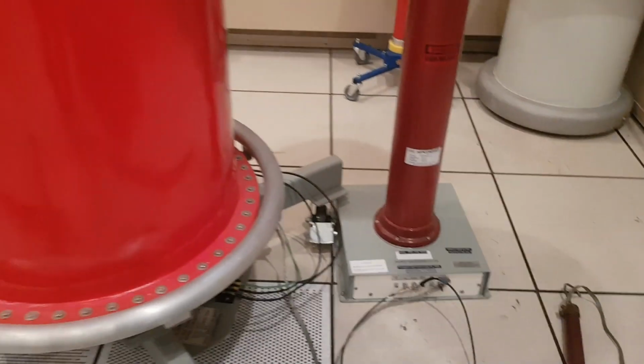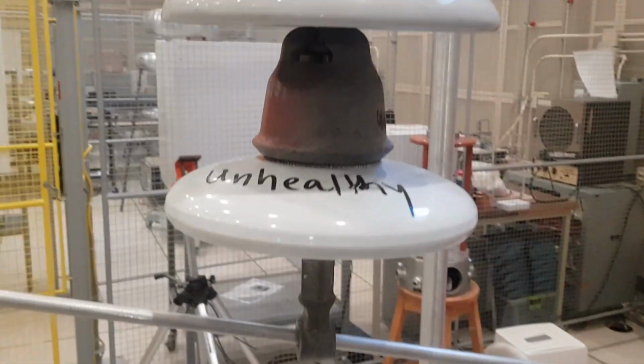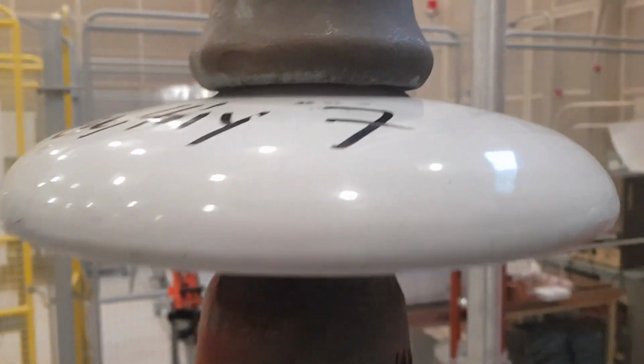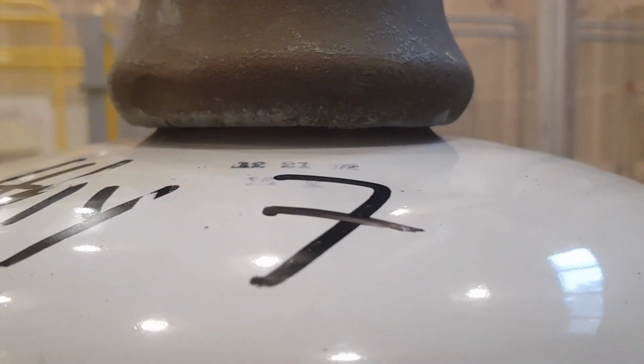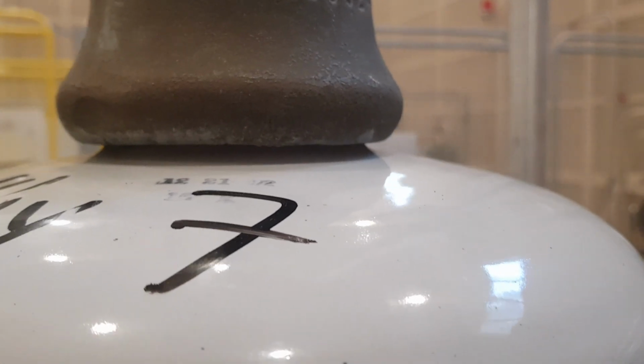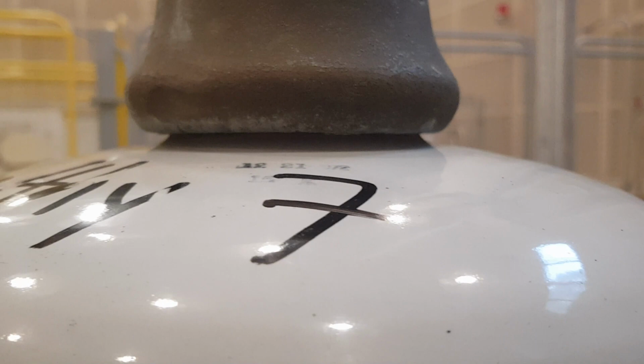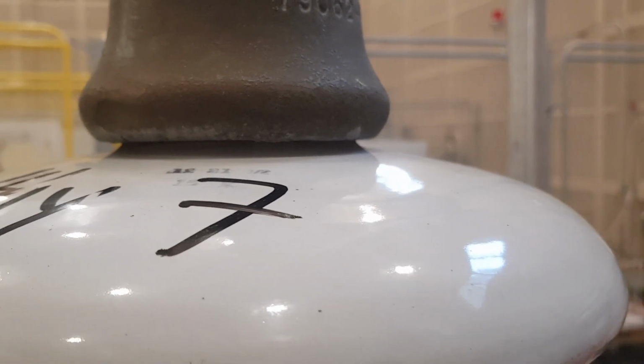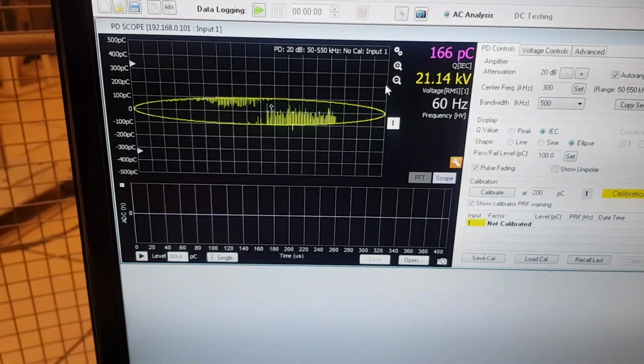Here, we'll be stressing those insulators, and at the tripling point where we have the conductor, the insulator, and the air, you will have very high electrical stress. So basically, they will generate the partial discharge.